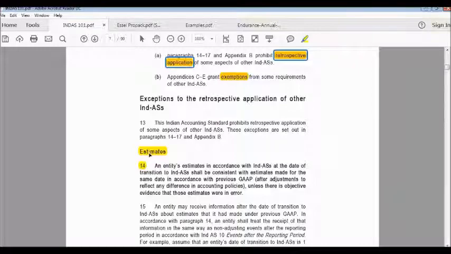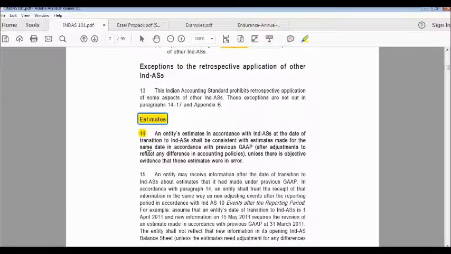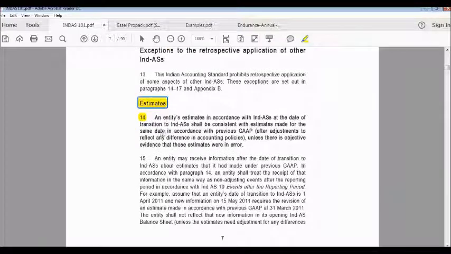Paragraphs 14 to 17 are about estimates. Paragraph 14 says an entity's estimate in accordance with Ind AS as at the date of transition to Ind AS shall be consistent with the estimate made for the same date in accordance with the previous GAAP, unless there is objective evidence that those estimates were in error.